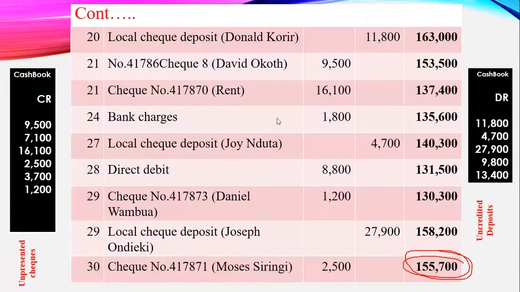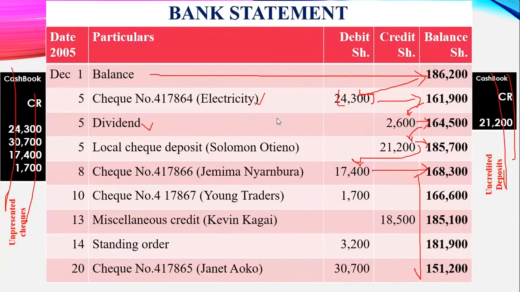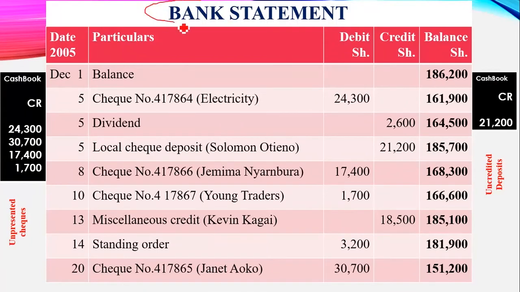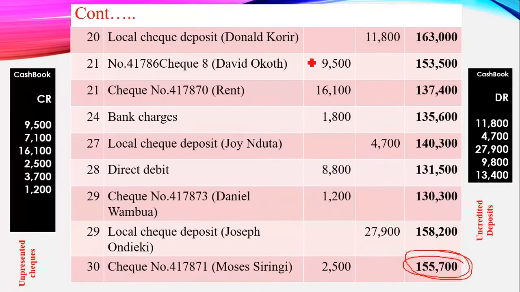To update the cash book, you check those items that are in the bank statement and are missing in the cash book so that we can record them in the cash book. So what I'm going to do, I'm going to take the debit figures of the bank statement, then I'm going to compare them with the credit figures of the cash book.